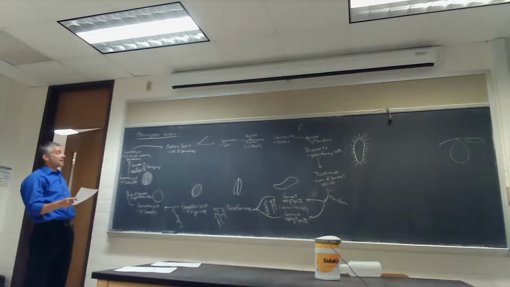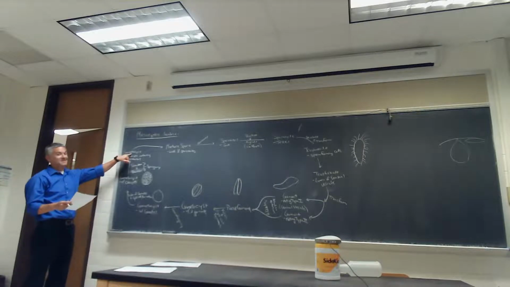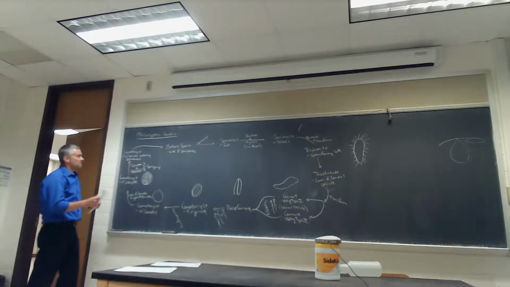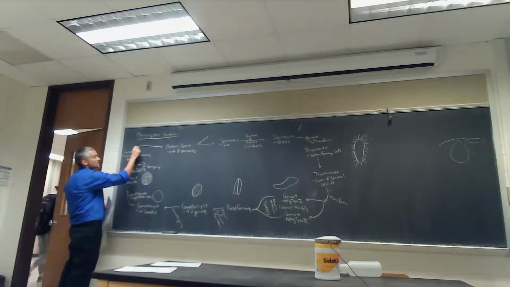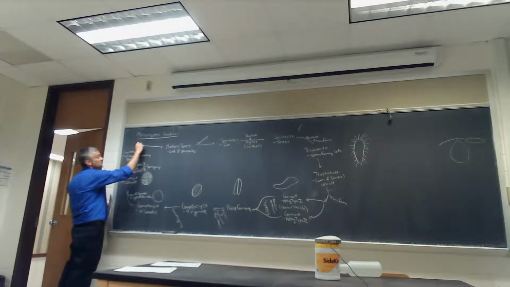All right. Now, we're inside this gametocyst. What's going to happen is that this is going to have to rupture at some point. Okay? This is going to have to rupture. It can rupture before it gets out or after it gets out.